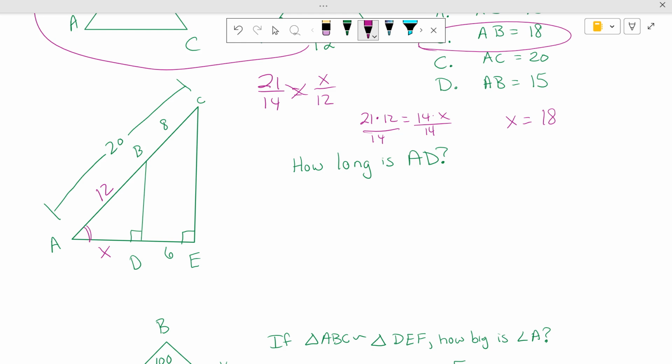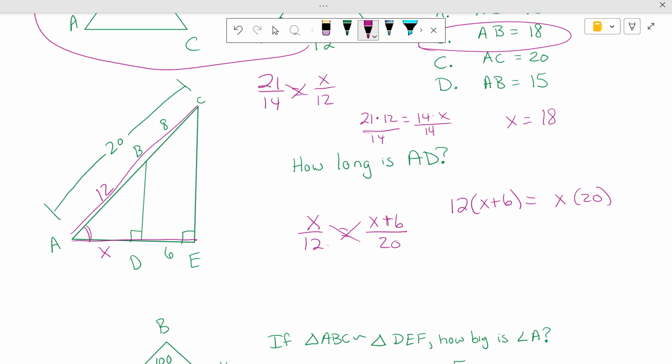So by angle, the triangles are similar. So side X and side 12 are in the first triangle. That's equal to, if we go this whole side, that's X plus 6, and this whole side is 20. Okay? We have a proportion again. How do we solve a proportion? We cross multiply. This time, we got to do a little more algebra. So we have 12 times X plus 6 equals X times 20.